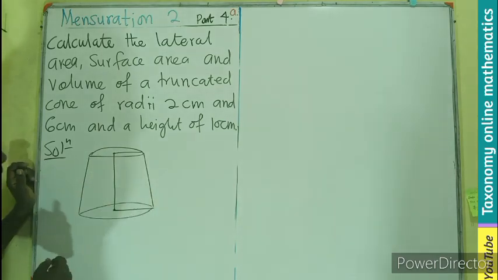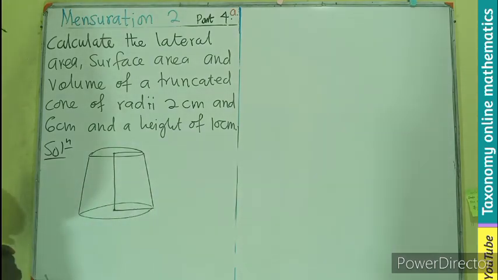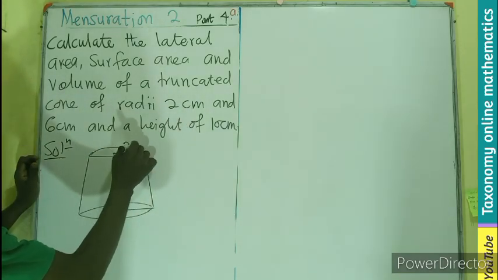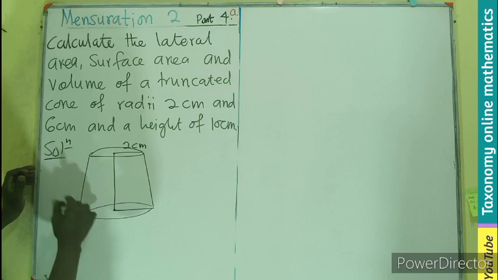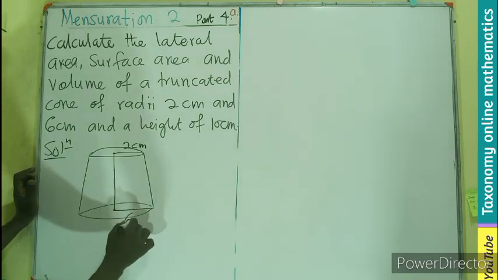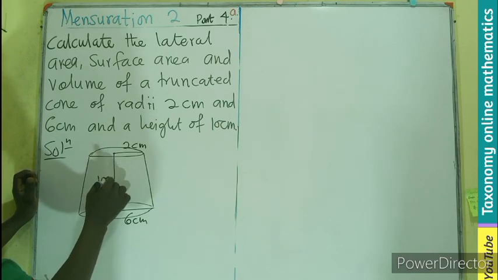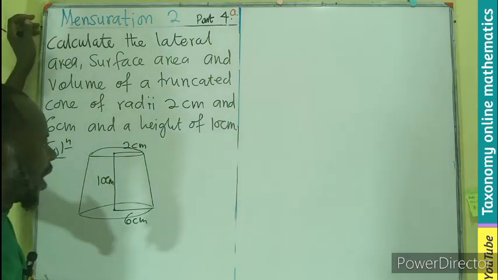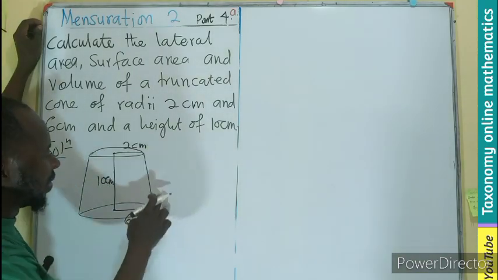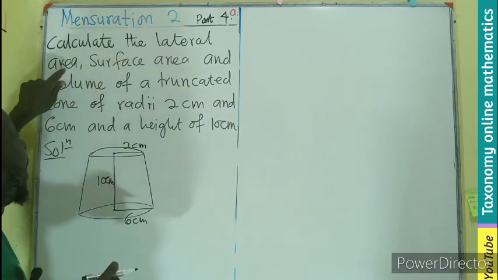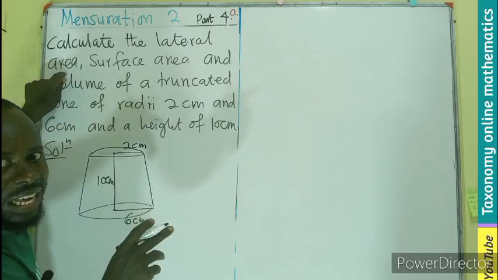From here, we have the radius of the lower base. So they said the radii are 2 here, meaning that 2 is the smaller one, 6 will be the larger, then the height is also given as 10 centimeters. Now, we are not aware of the slant height, but because we are going to be finding the lateral area, we need the slant height.